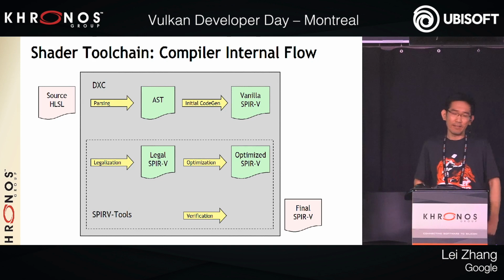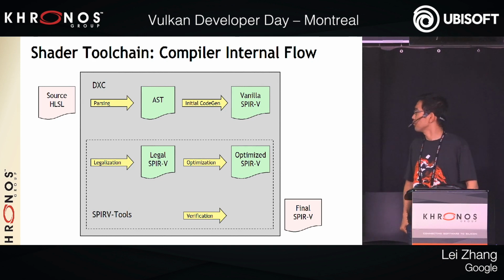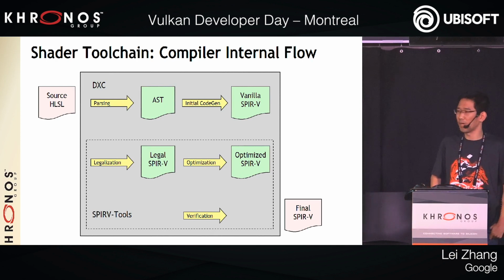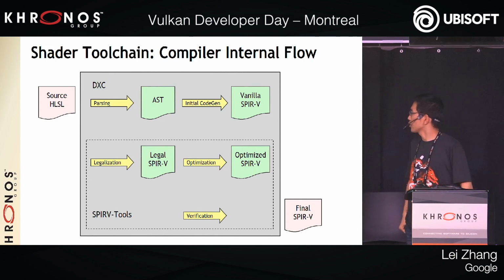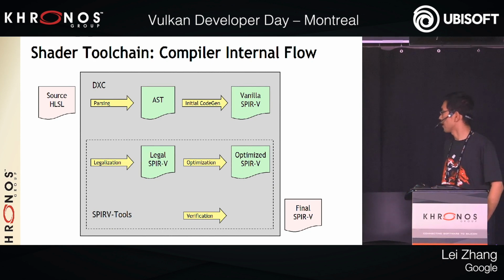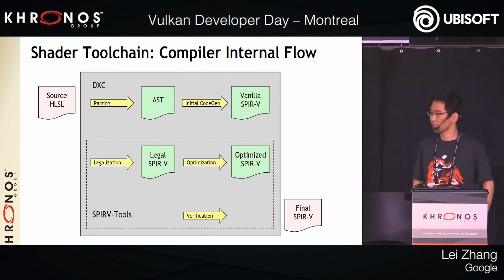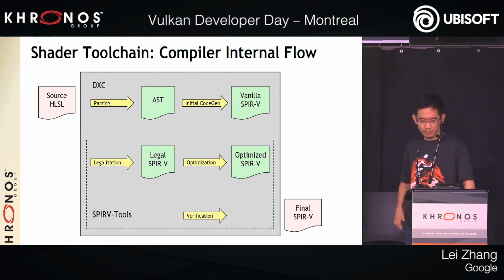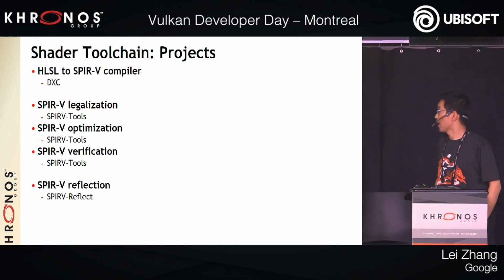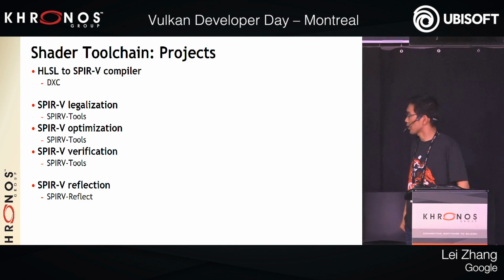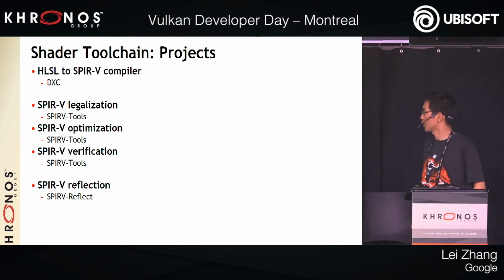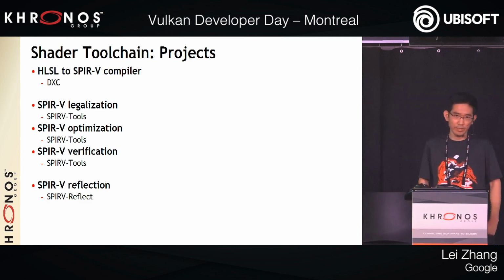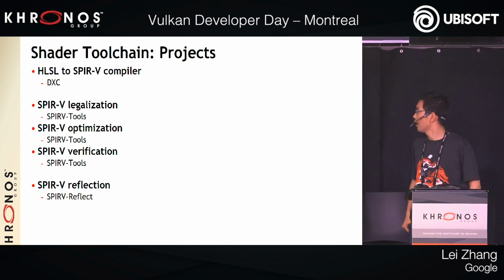Legalization is run if necessary. Optimization and verification are always on by default. The initial code gen is in DXC's code base. Legalization, optimization, and verification are outsourced to SPIR-V Tools. Besides these two projects, there is another project you may want, that is SPIRV-Reflect, especially if reflection is part of your workflow. I'll also talk about this project.